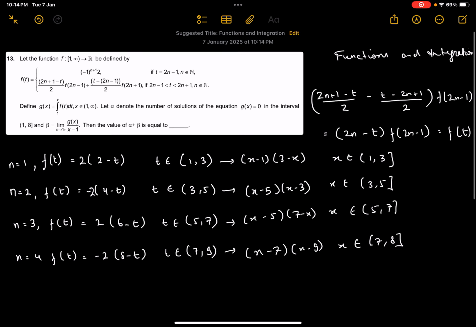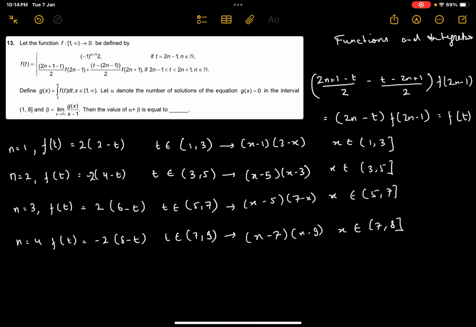Endpoints of the interval. So the number of solutions for g(x) equals 0 is exactly 3, 5 and 7. So we have 3 solutions for g(x) equals 0, that gives us alpha is 3. Now x tends to 1 plus, g(x) is this.